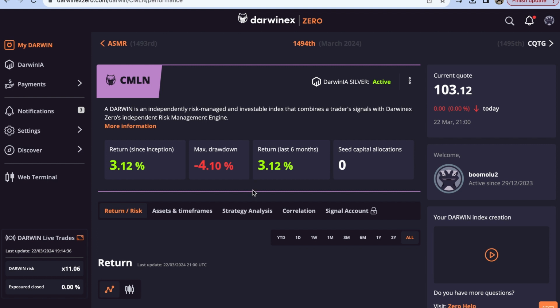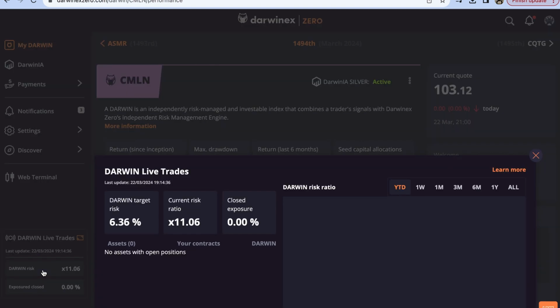when I was trading, my account is on my personal trading account. I'm just trading 0.01, 0.01, and then down here on your Darwin risk, after 30 days when they calculate everything, it's then going to either increase your risk or decrease your risk, right?